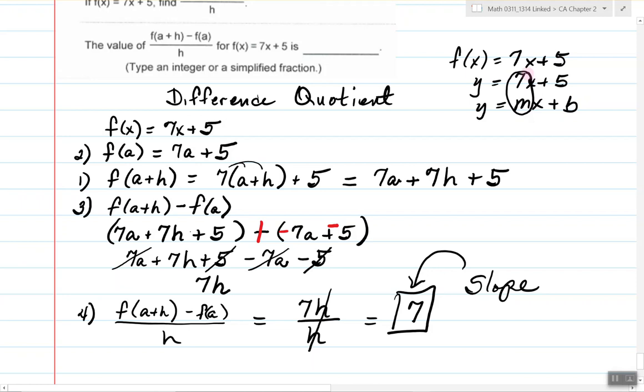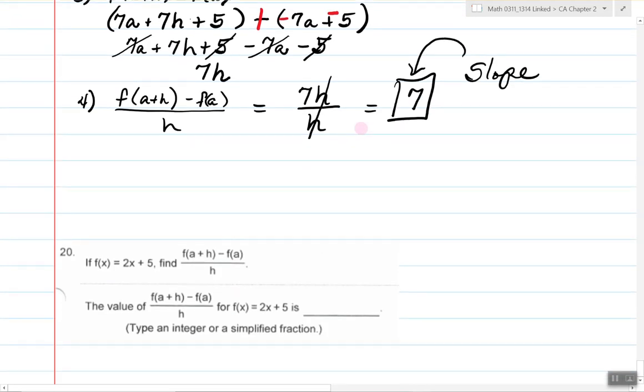Now, this is kind of a weird little method, and I'm sure that you're thinking it was just a lot of extra steps when all I had to do was look up here and see 7. This is part of a big definition in calculus to find the slope or the rate of change. So it has a lot of future value in higher mathematics.